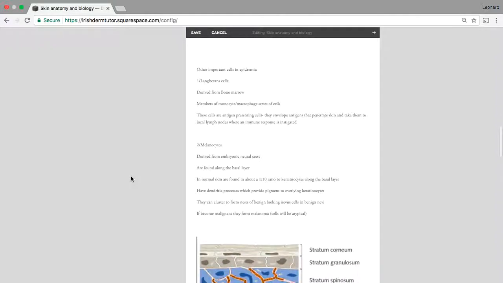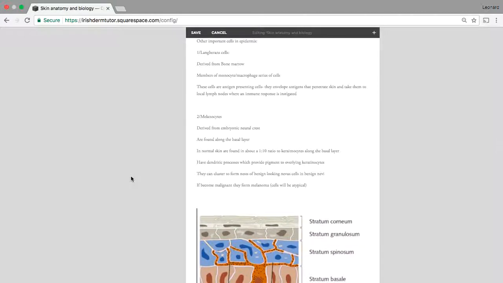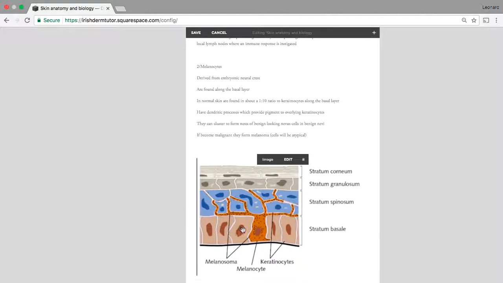The melanocytes, which of course are very important, are also found in the epidermis and they're derived from the embryonic neural crest. And they tend to be found along the basal layer of the epidermis. In normal skin, these are found in about a 1 to 10 ratio to keratinocytes along the basal layer.